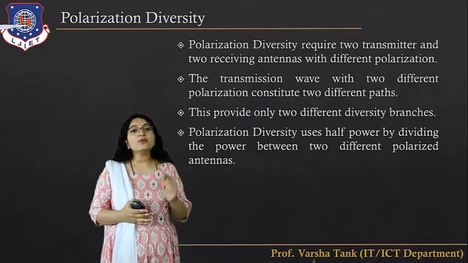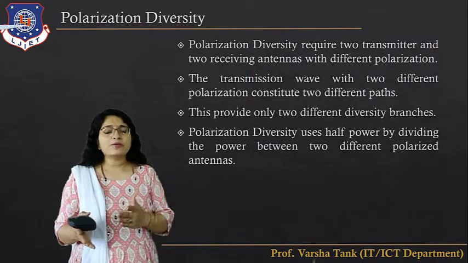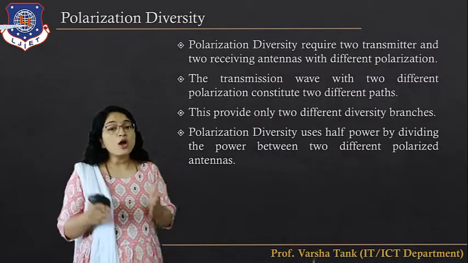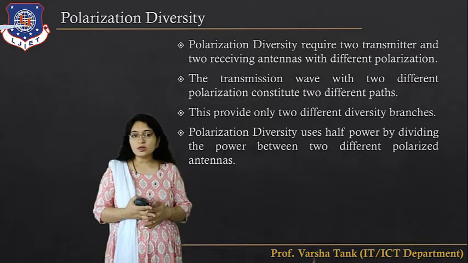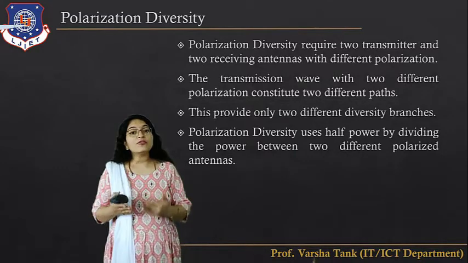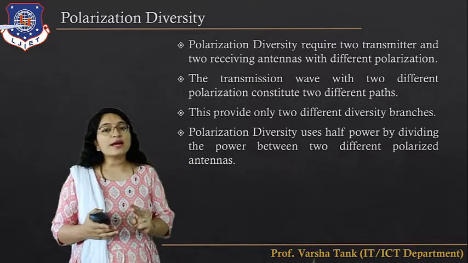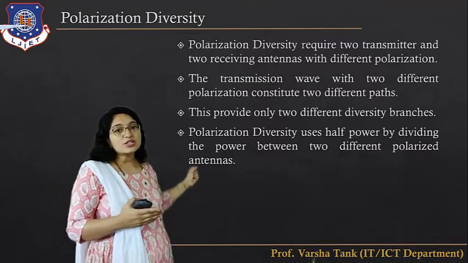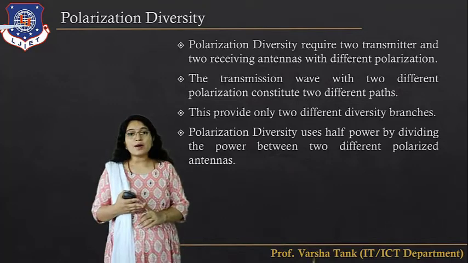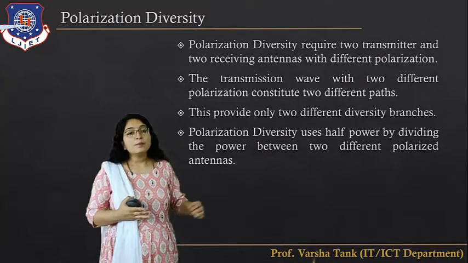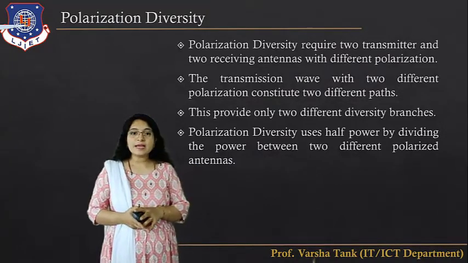For example, if we consider vertical polarization or horizontal polarization, then we have a different path for each. So this provides only two diversity branches. Polarization diversity uses half power by dividing the power between two differently polarized antennas.